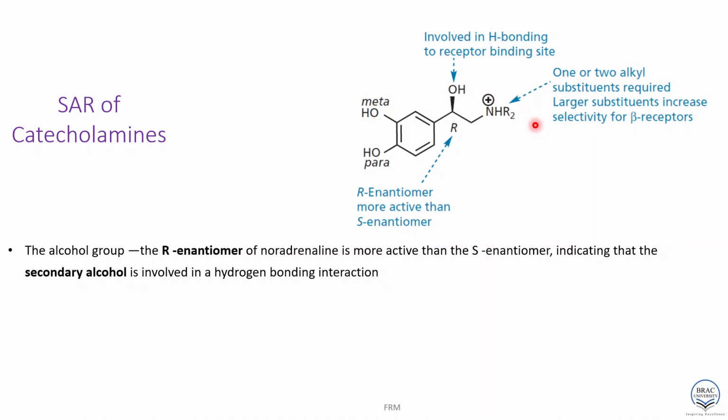We have seen in the earlier slide that adrenaline has the CH3, and noradrenaline doesn't have the CH3, and this mainly reduces affinity for the beta receptor. So if we increase the length, it will increase the selectivity towards the beta receptor. Likewise, in our agonist or antagonist drugs for beta receptors, we can substitute longer R groups here for beta selectivity.